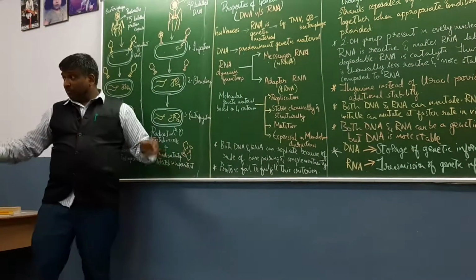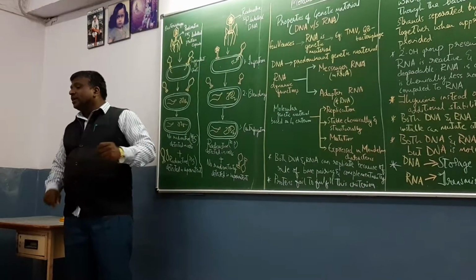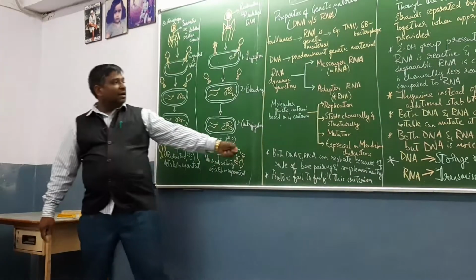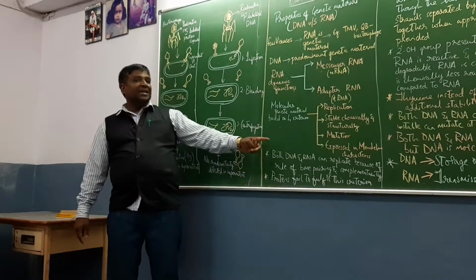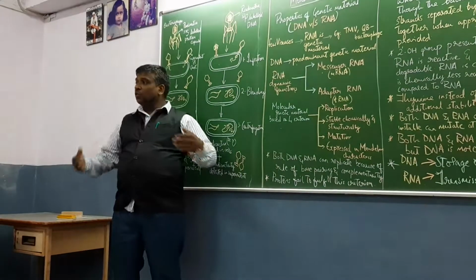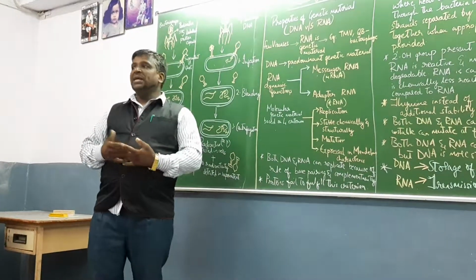Now, what you can notice is DNA versus RNA. Let us look into that. DNA can replicate. RNA also can replicate. Both DNA and RNA can replicate because of the rule of base pairing and complementarity. What is complementarity in RNA?